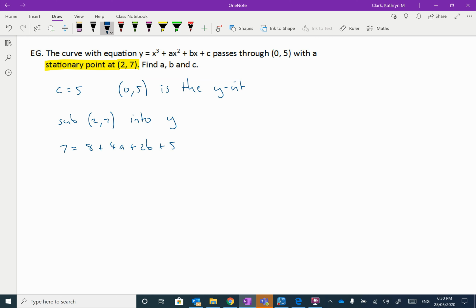And if we transpose all this over, we get 7 take away 8 is -1, minus 5 is going to be -6, equals 4a plus 2b. And we can simplify that down, so we get -3 is equal to 2a plus b. So there's my first equation.